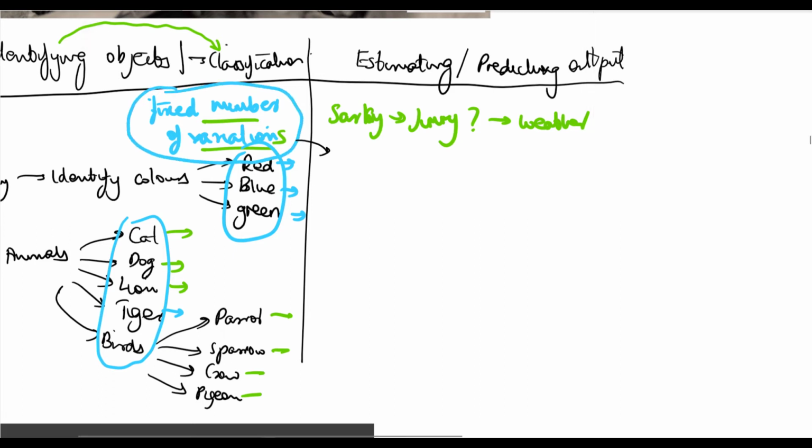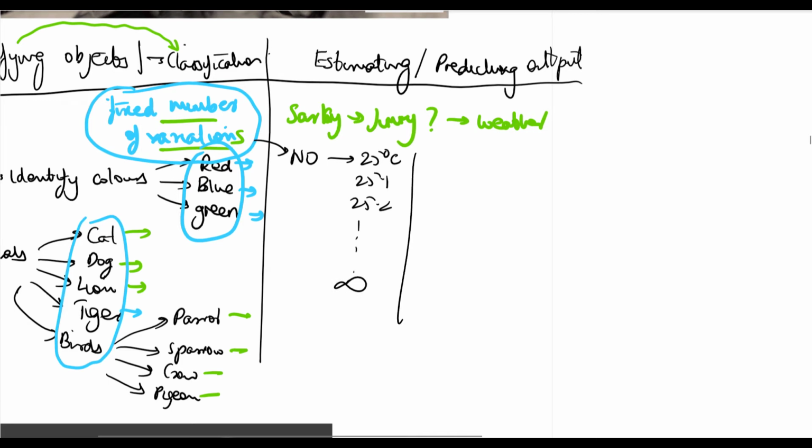The answer is no, because the weather could be 25 degrees Celsius, could be 25.1, 25.2, and it has an infinite number of variations. Since it does not have a fixed number, it automatically turns into an estimation problem where Jimmy has to estimate the day's weather. So Jimmy might say today's weather is going to be 25.2 degrees Celsius, and at the end of the day we can check with the weather department what the weather was.